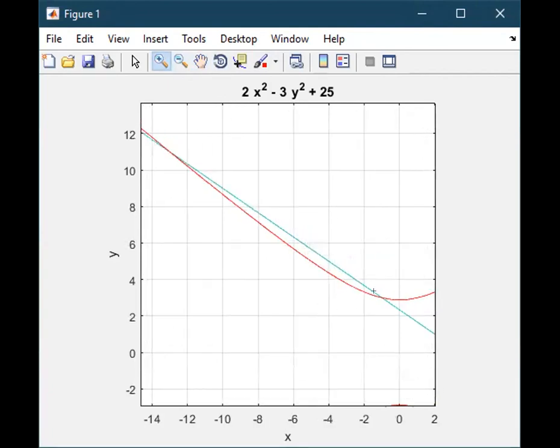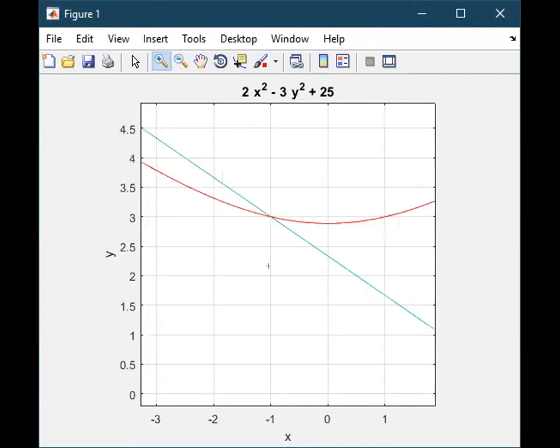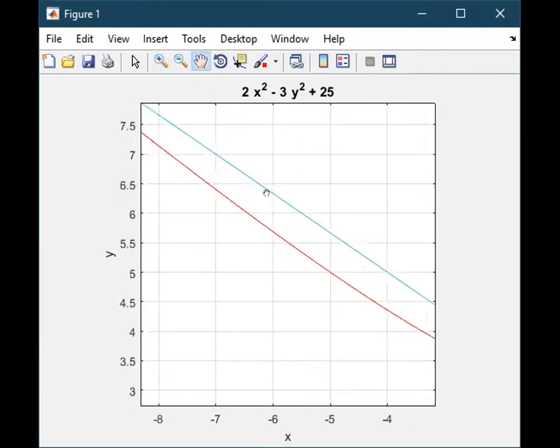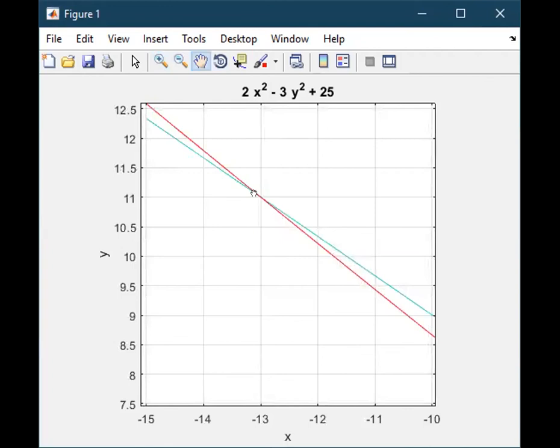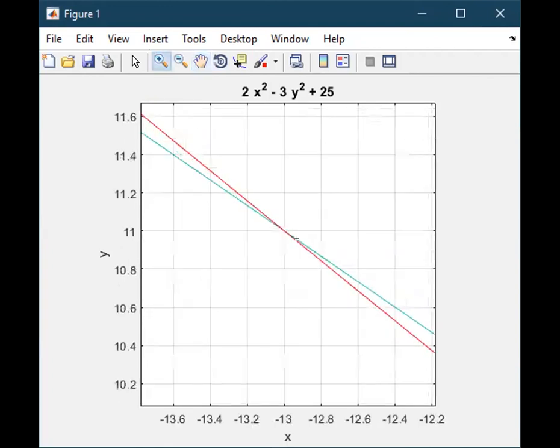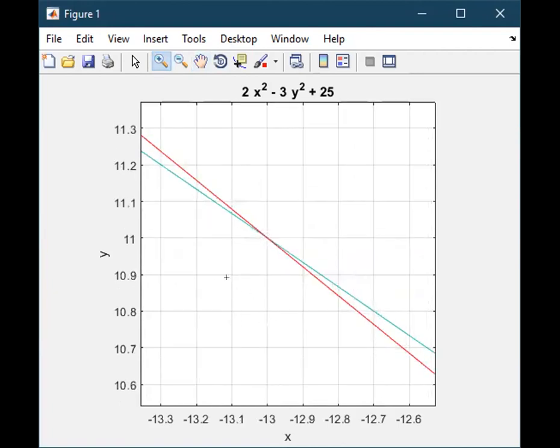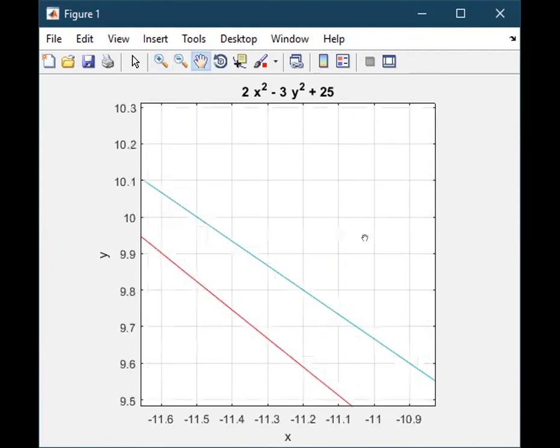If you look at this point, this is -1, 3, and if I move along this graph, this is -13 and 11. When we solve these equations analytically, we got two answers: the first is -13 and 11, and the second is -1 and 3.